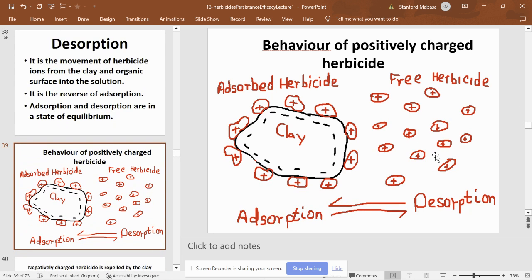So we can actually use this diagram to illustrate adsorption and desorption. When we talk of adsorption, let's say we have got a clay particle, it is attracting the positively charged herbicide or ionized herbicide on its surface.